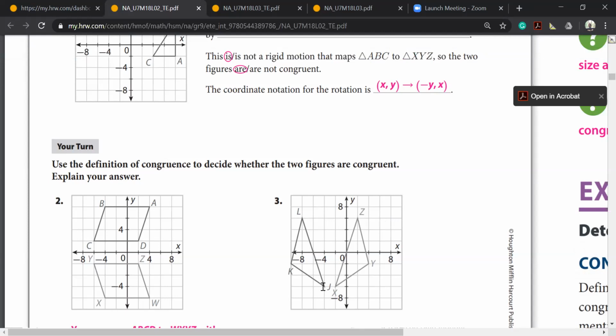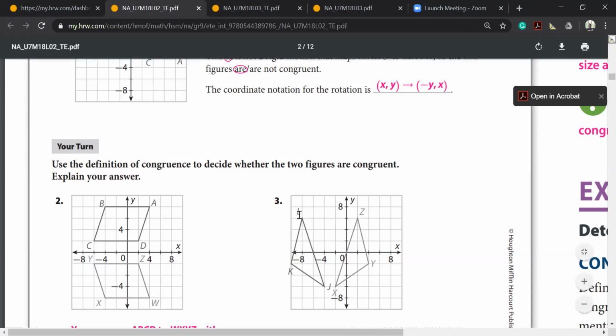The same thing is happening for this point, for example, J. If it's reflected, J will be in here, but it moved to be there. And the same thing for K. K should be here, but then it moved to here. Moved means translation. So what is happening here is a reflection across y, and then a translation, right?